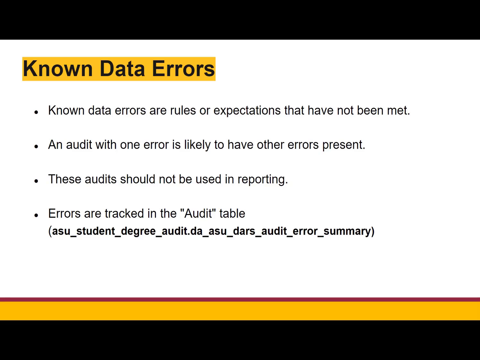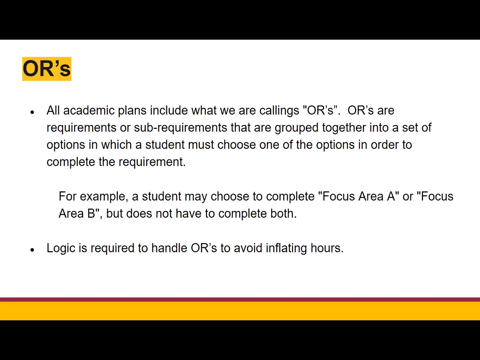It includes error types. We have some other information, and we have some other tables that actually describe the errors. Okay, ORDs. Anybody who's been in a presentation that I've given or a meeting has heard me talk about the pesky ORD requirements.